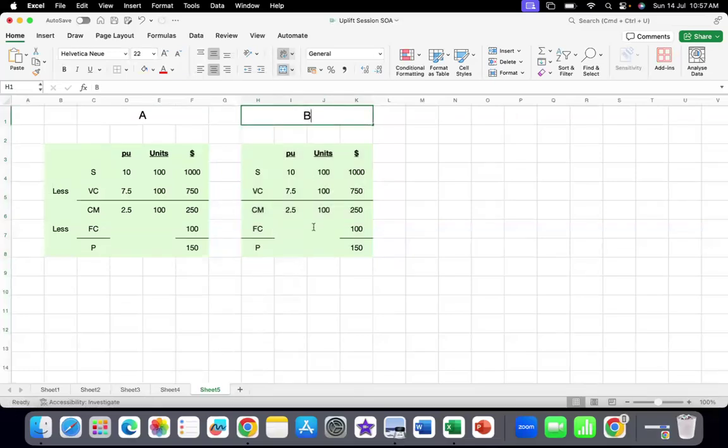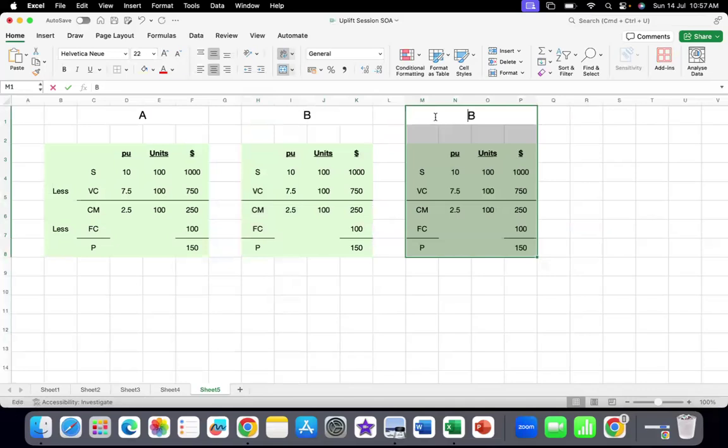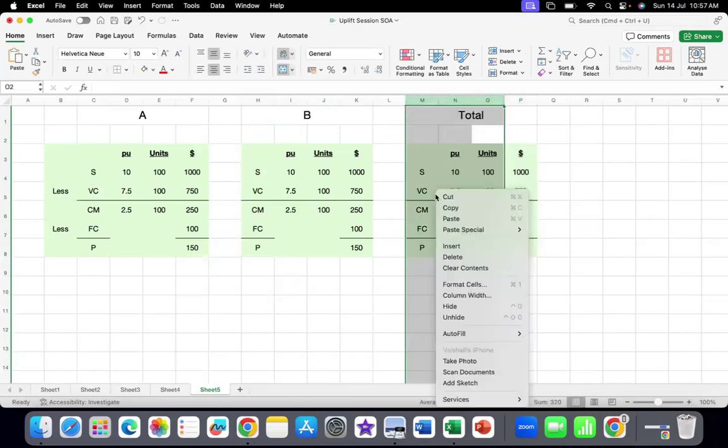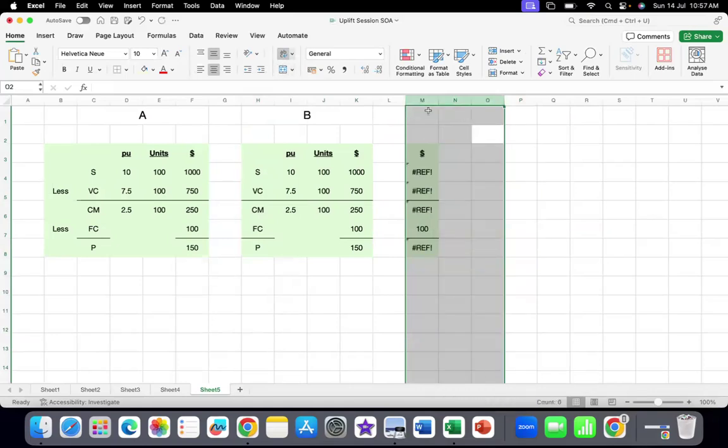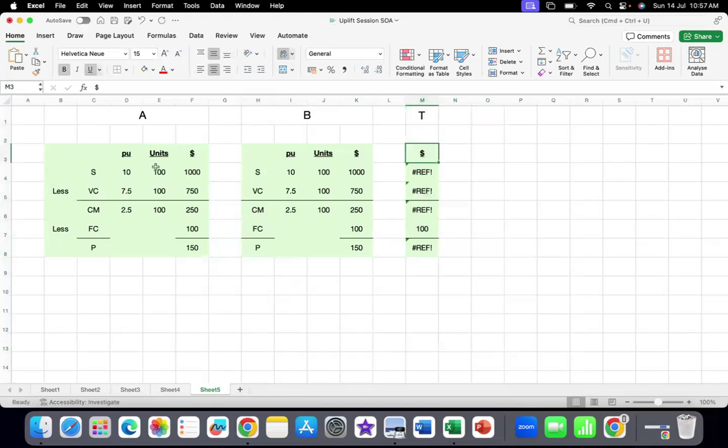And then you will have to calculate it in total as well. As for the total, you only need the value in total.